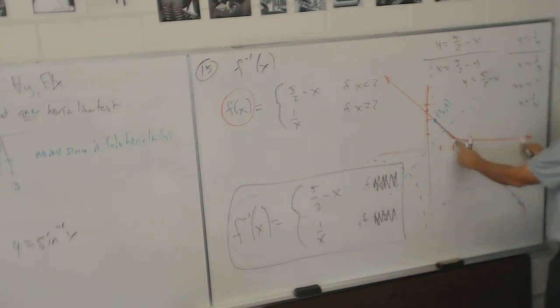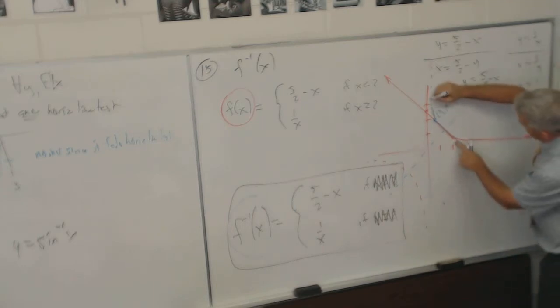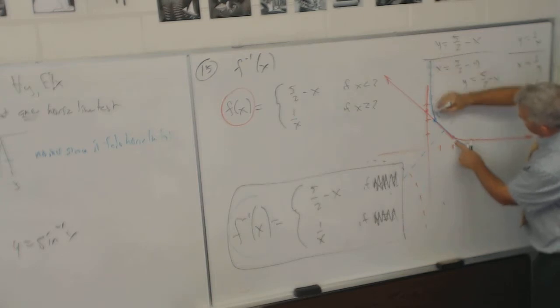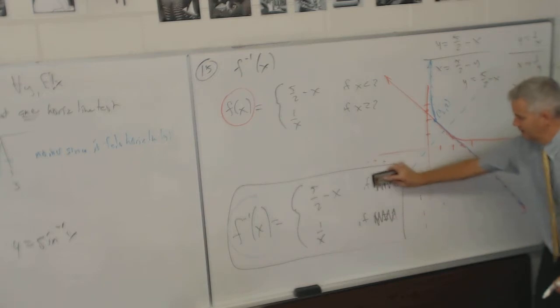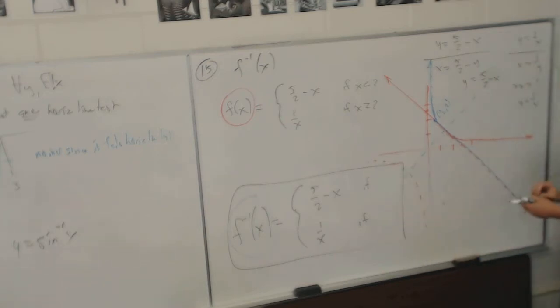And when I reflect this across, it ends up being that. The key spot at the beginning was (2, 1/2). Inverses are when you swap the x's and y's.